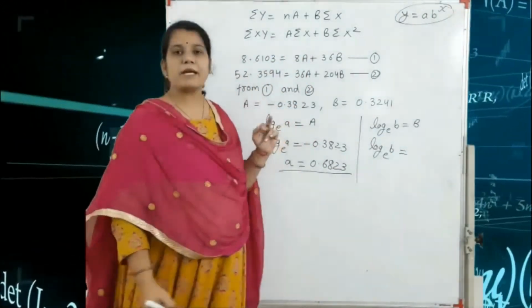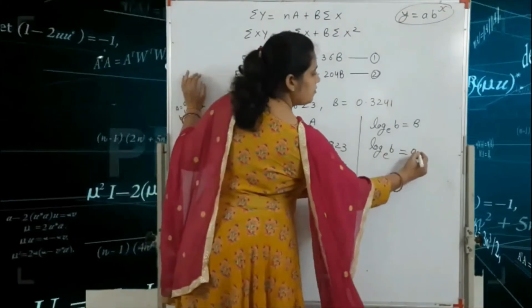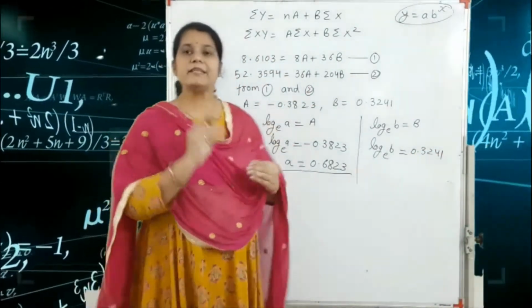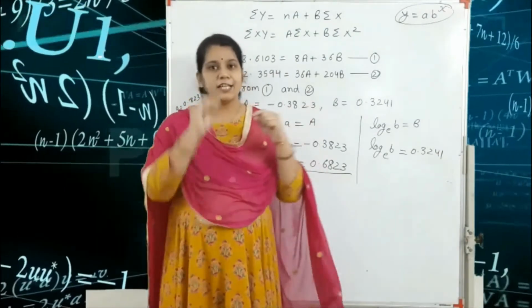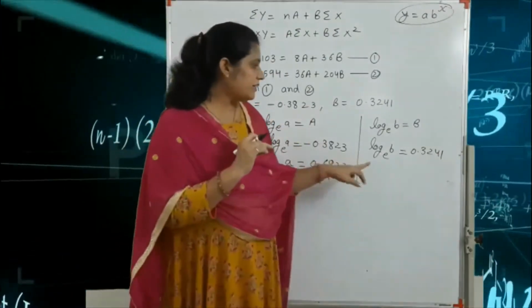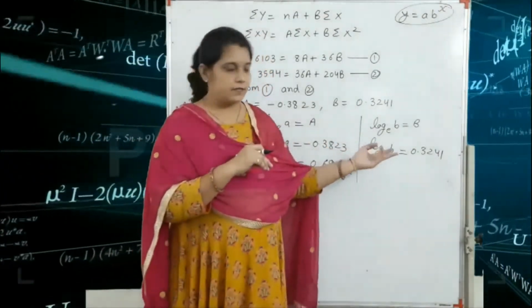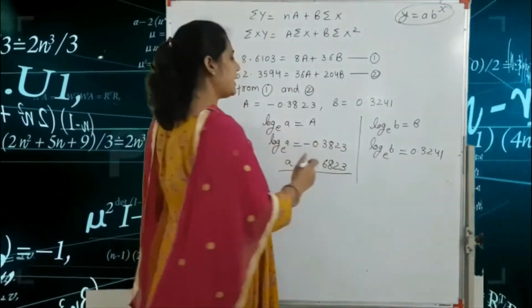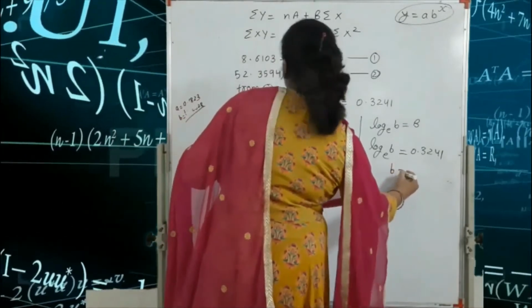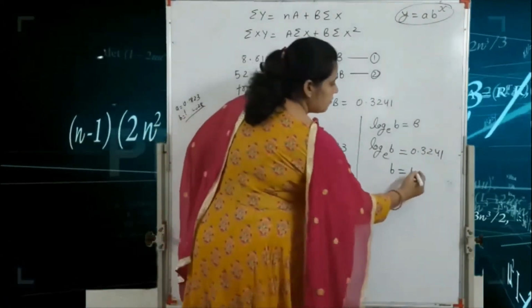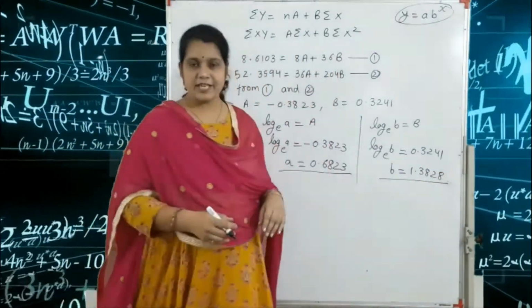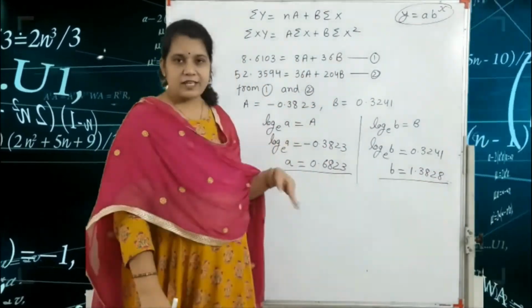The value of capital B is 0.3241. So for finding the value of small b in the calculation, we find the e raised to the power 0.3241. So we get the value of small b is equal to 1.3828. Okay, so we get the value of small a and small b.